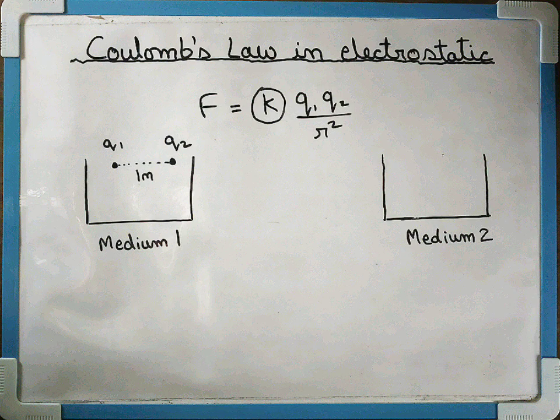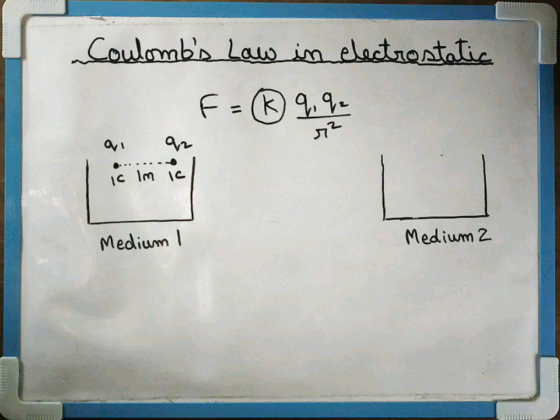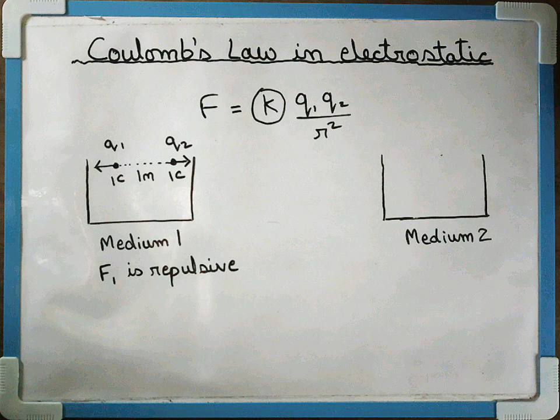And suppose the charges Q1 and Q2 are placed in medium 1 with a distance say 1 meter. And suppose the charge on Q1 is 1 coulomb, and the charge on Q2 is also say 1 coulomb. So these two charges will experience a force of repulsion because they are both positive.